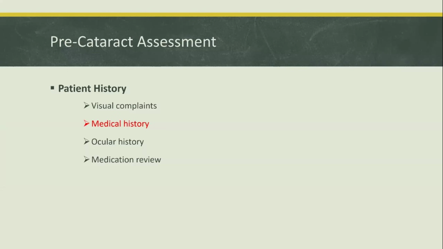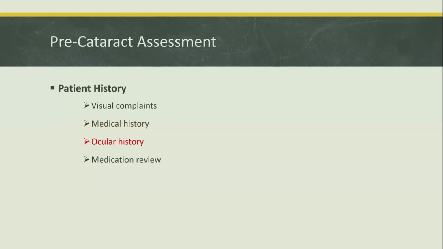The patient is supposed to stop the blood thinners before the surgery, so this is important when documenting the medical history. Also note any neurological conditions they are affected with, whether they are under treatment, and any systemic surgery affecting the overall health. This detailed medical history is very important to document.